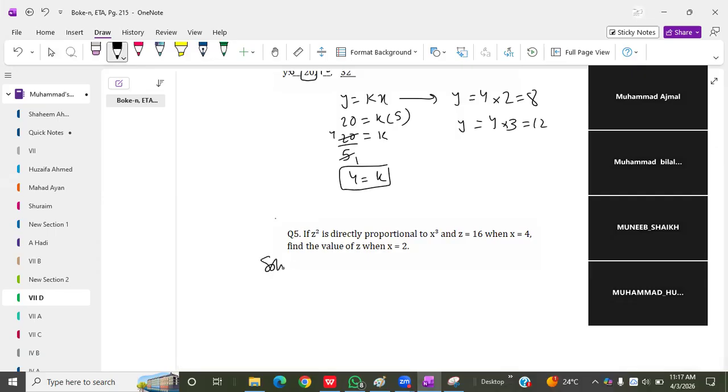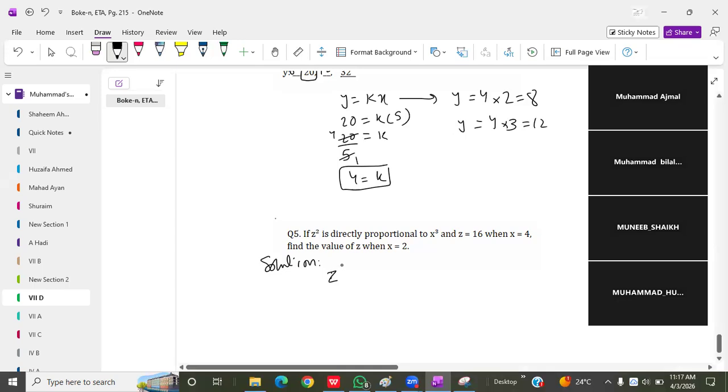We first write the equation. What equation will we write? Z square equals k times x cube.